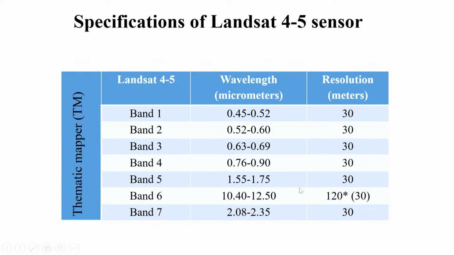All the bands have a spatial resolution of 30 meter, but band number 6 has a spatial resolution of 120 meter, and this is resampled to 30 meters, so that if one is interested in overlapping the optical bands with the thermal band, there will not be any pixel mismatch. So this is resampled to a 30 meter pixel size.